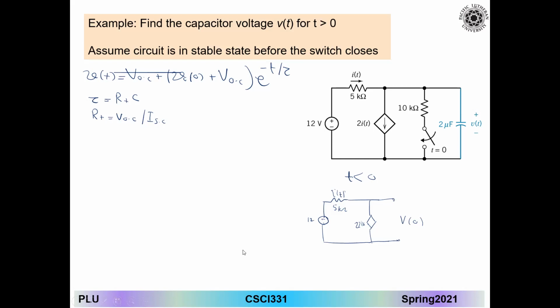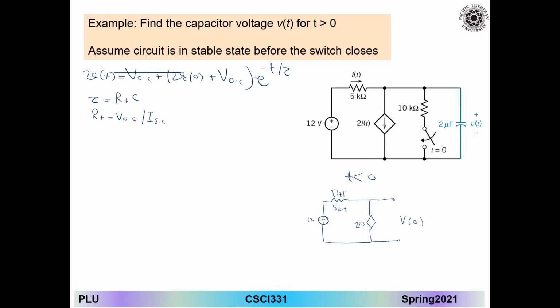I cannot send it to you, even for the group, right now, because Zoom cannot open for sharing. So now think about this one: find I short circuit and V open circuit in that case. And just be careful with that, guys.